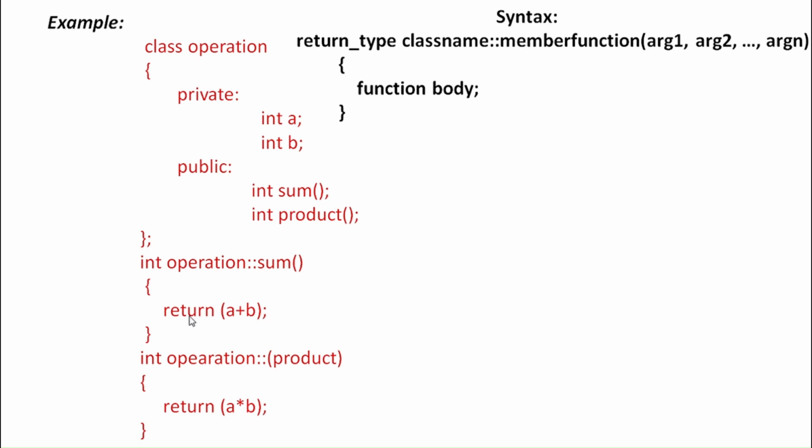But can you guess why I am using return here? Because as we are defining this outside the class, the values which are added should be returned back to the class to get an output, right? Similarly, the same process happens with the product operation, which is nothing but multiplication of the two variables.